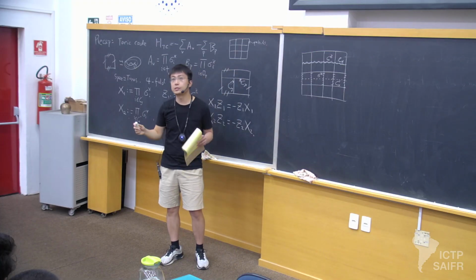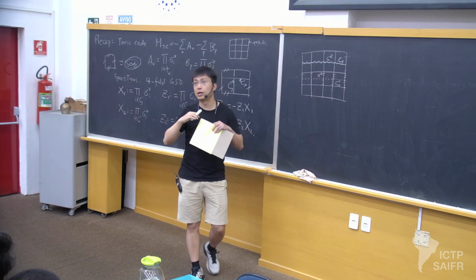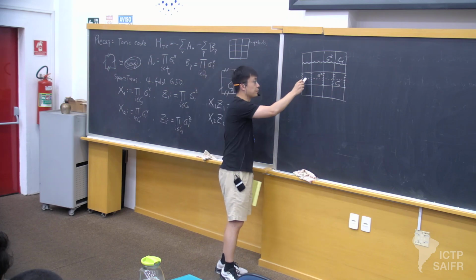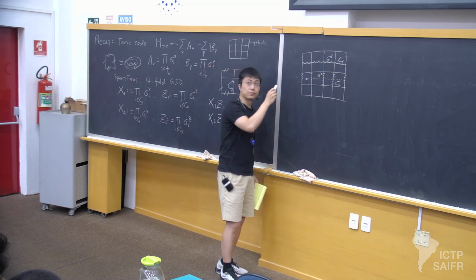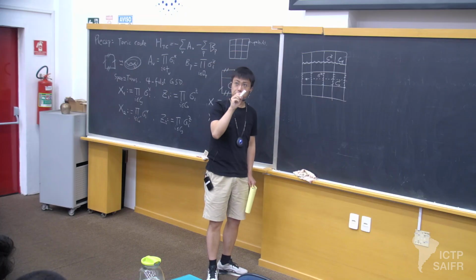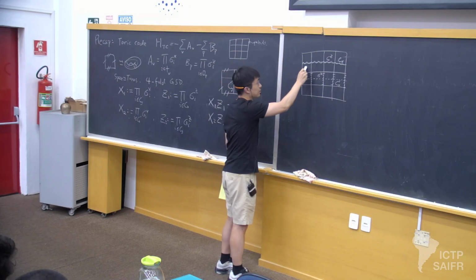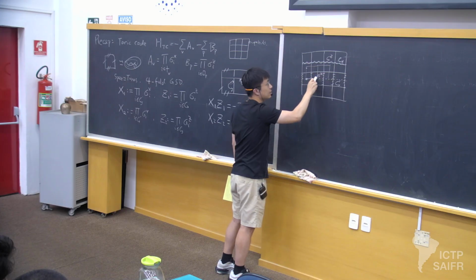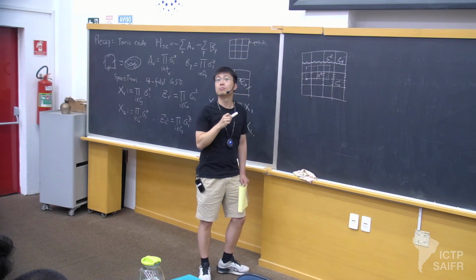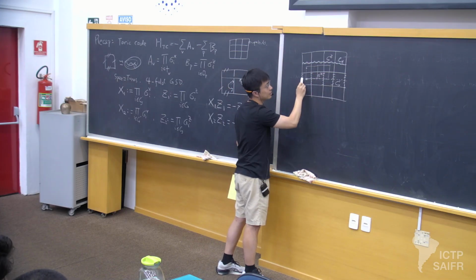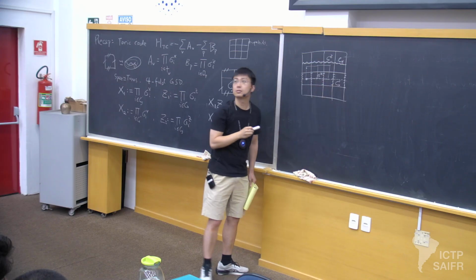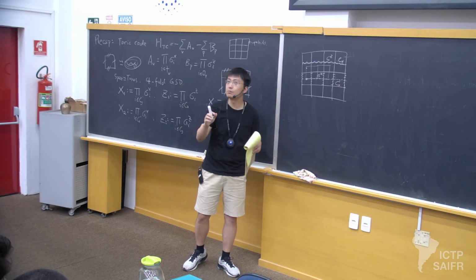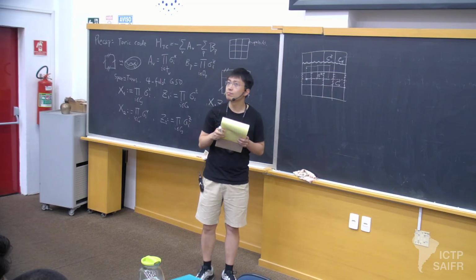The more precise way of saying that is CX prime is a loop living on the dual lattice instead of the original lattice. Dual lattice means you treat the center of the face of these plaquettes as vertices, and then you connect them together. You realize that that's another square lattice. And now this C prime link lives on this dual lattice. But that's more like a notation convenience. It's not super essential. Okay.